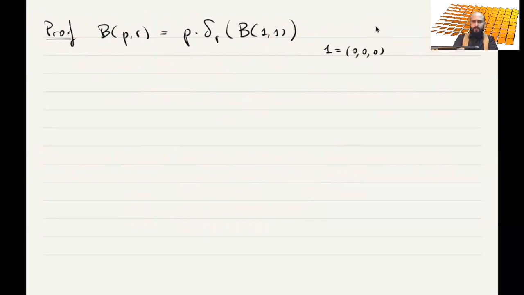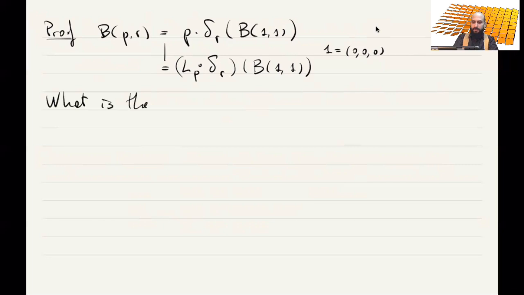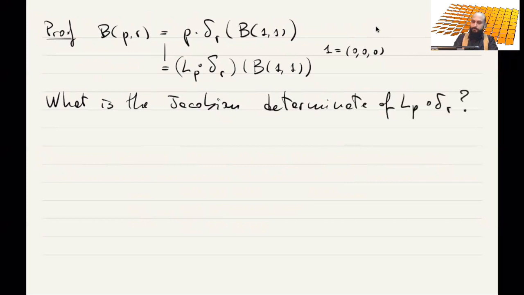So in other words, this is the left translation of the dilation of the unit ball. Now, let's consider the Jacobian determinant of these two maps. What is the Jacobian determinant of L_P and of δ_R?